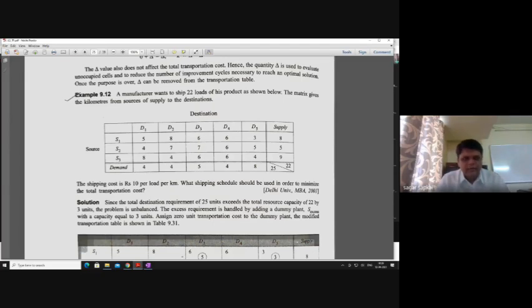If their allotments are lesser than m plus n minus 1, then it is a degenerate solution. How to resolve the degeneracy, I will let you know. First of all, you find the initial basic feasible solution by using VAM. Is it okay? Can you do that?